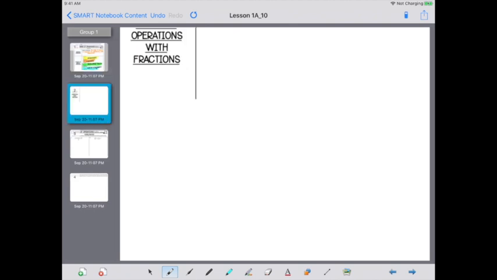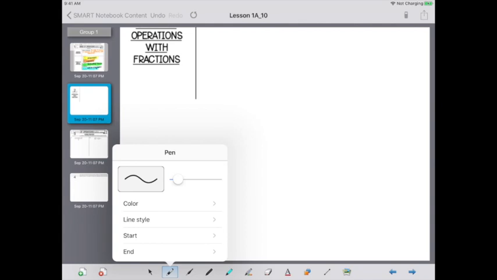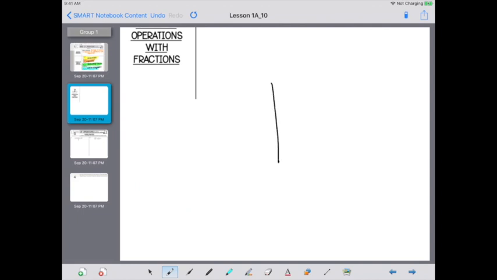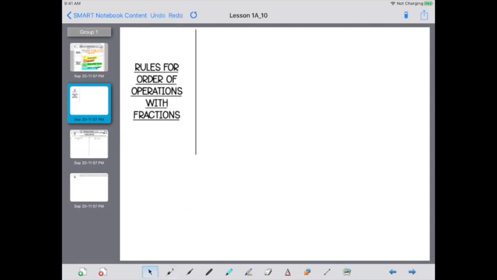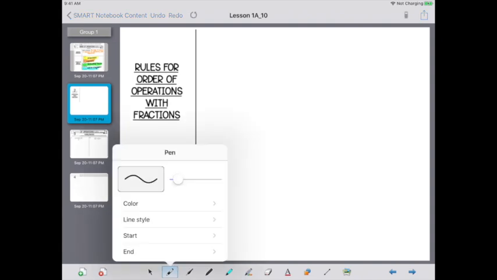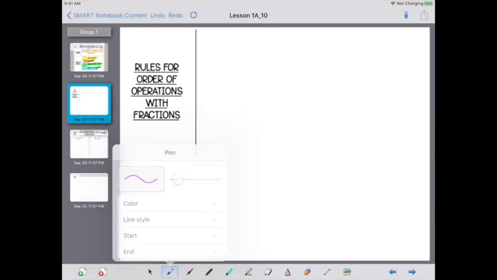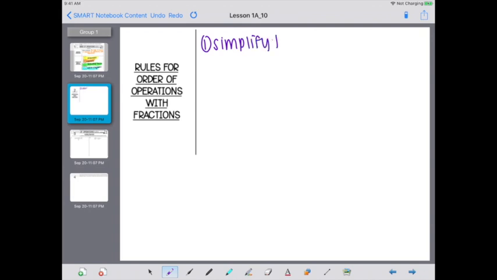Another thing that we need to go over and review is how we're going to solve order of operations with complex fractions. So this is what we've learned just the past lesson. So we have step 1, simplify the numerator.